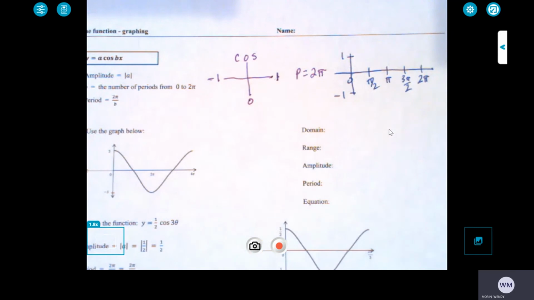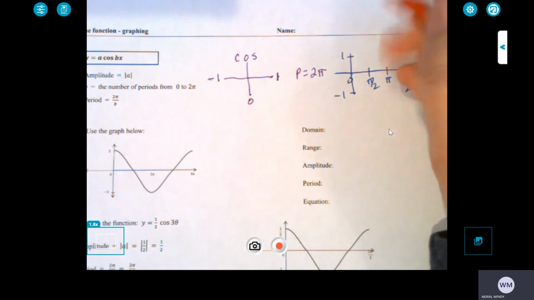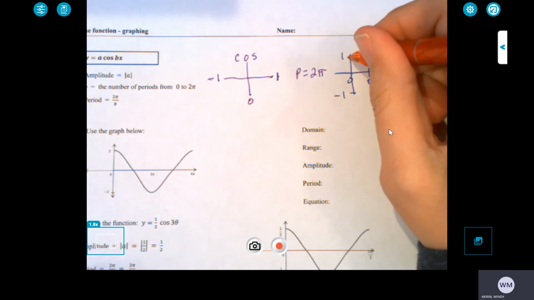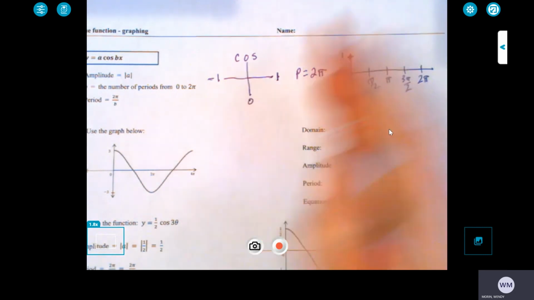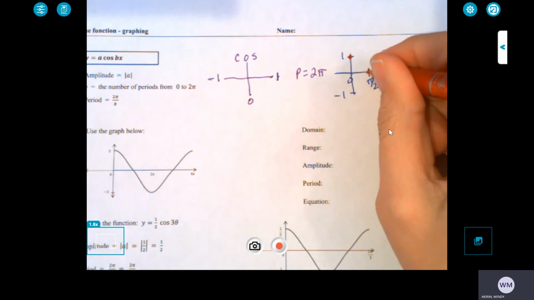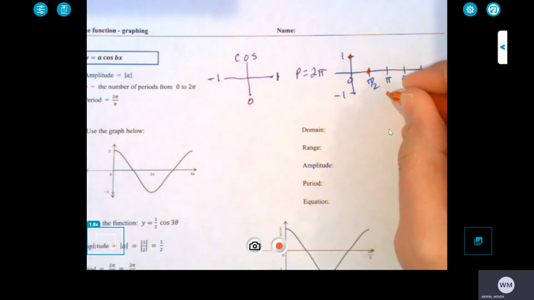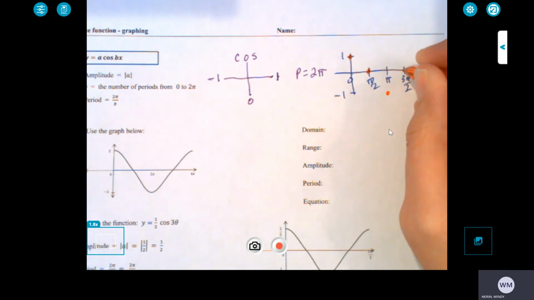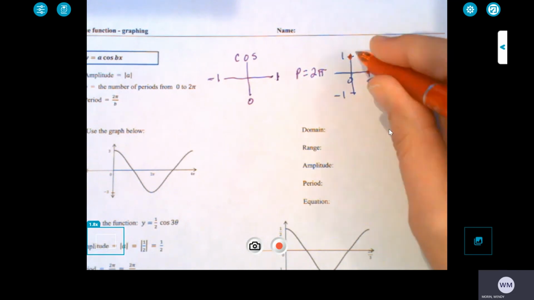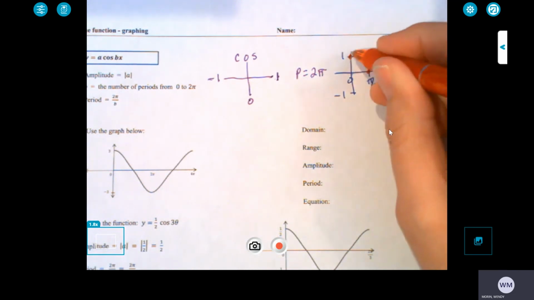The cosine of 0 is 1. So the cosine graph starts above the midline, and then when you get to pi over 2, it's on the midline, and then at pi, it's below, back to on, and then it ends exactly where it started.